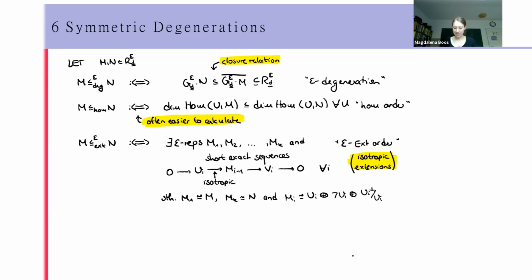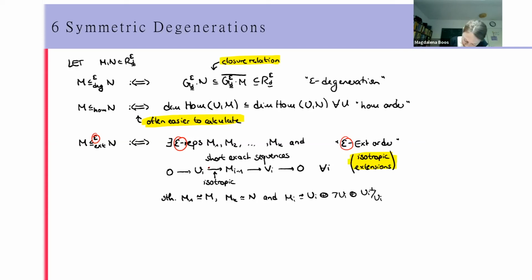But for the Ext, so this is the Ext order which we developed. First, of course, it's called epsilon Ext. We grab epsilon representations. And still we have this, I don't know if tower is the right word, but we have this tower of exact sequences, and they add up in a certain way.